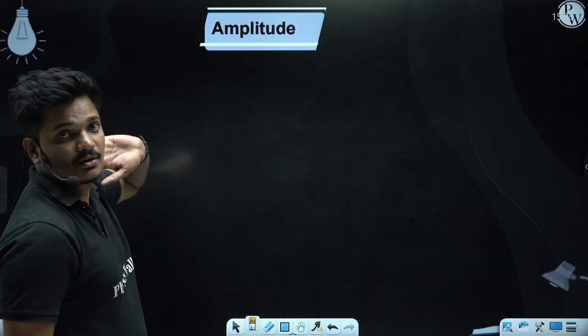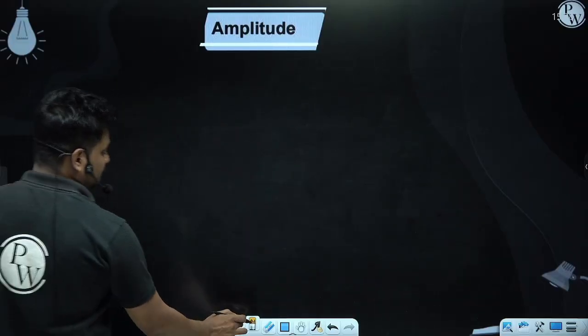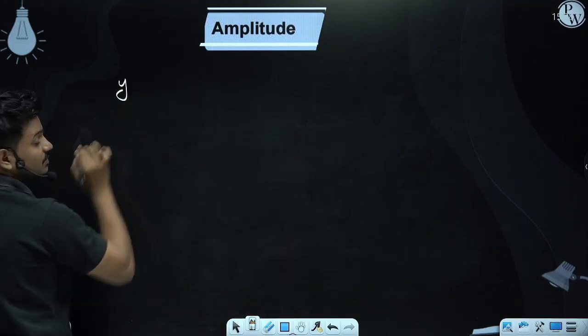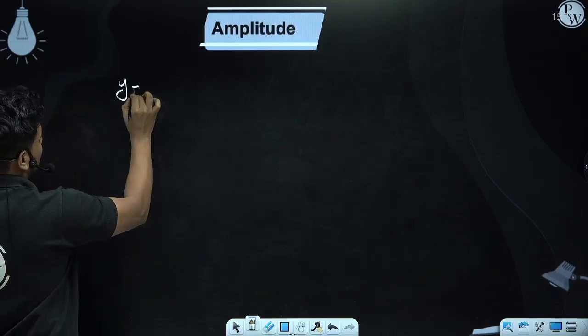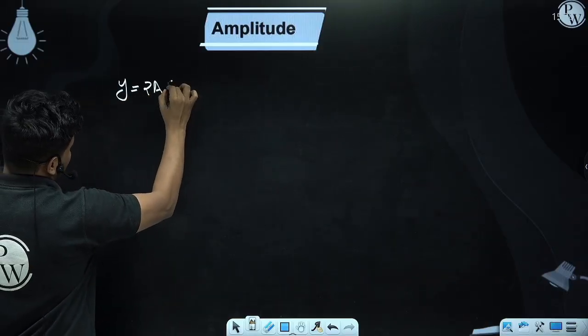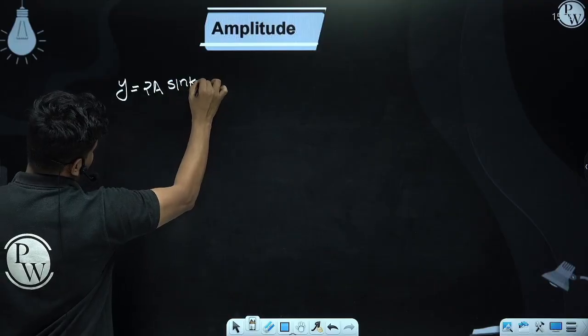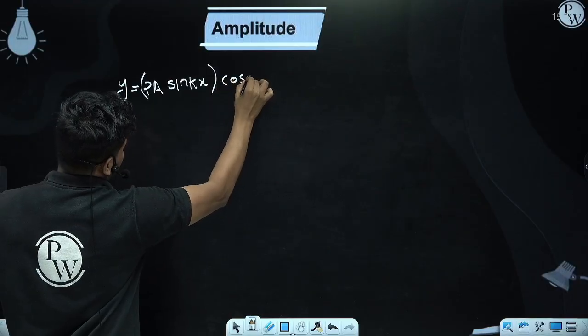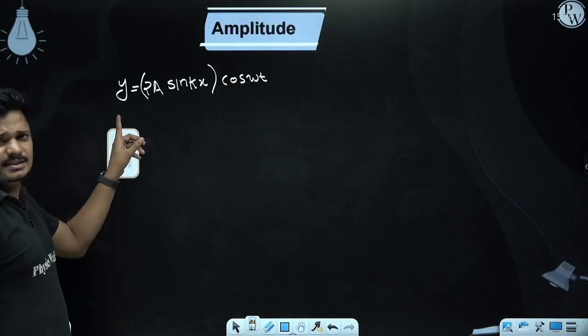Another thing is, I am going to check the amplitude. That means what is our displacement equation y? The y is equal to 2a sin kx into cos omega t. This is the displacement equation.